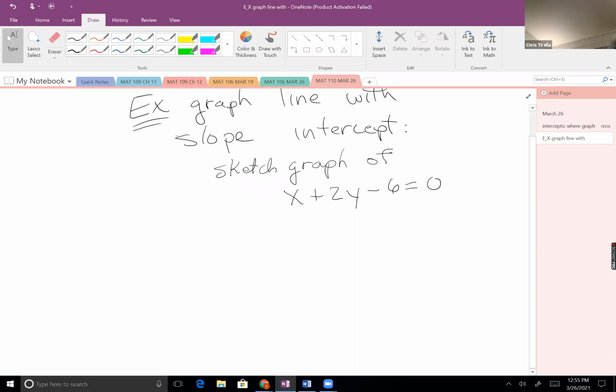If I'm going to graph this using the slope intercept method, I first need to get it in slope intercept form, which means the first thing that I want to do is solve for y. So in this equation, to solve for y, I'm going to subtract 2y from both sides, which gives me x minus 6 equals negative 2y.